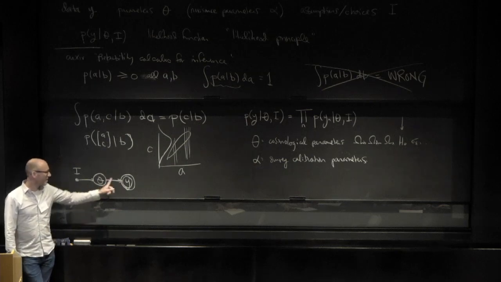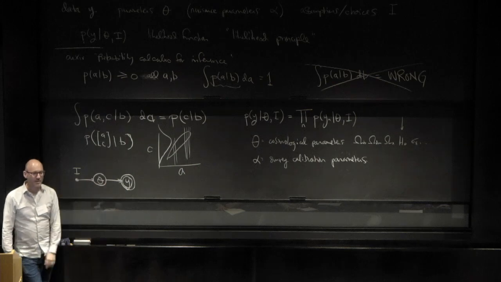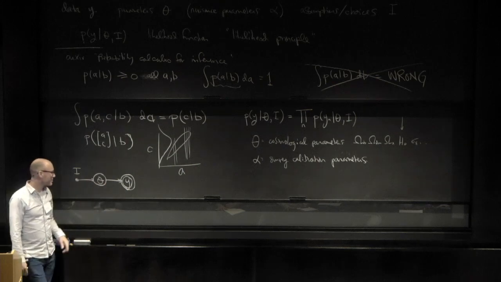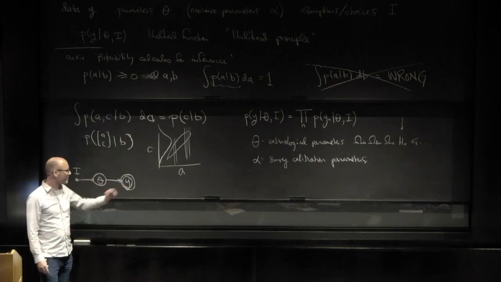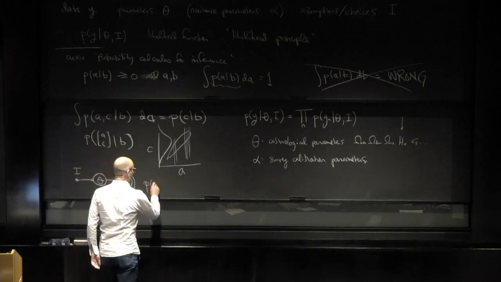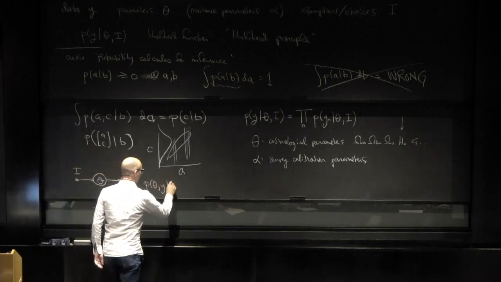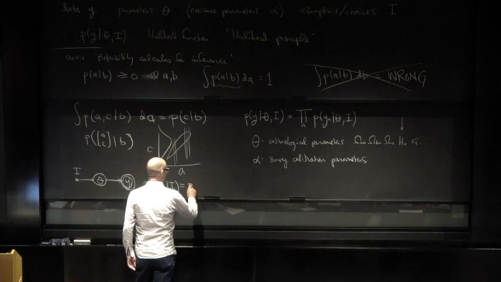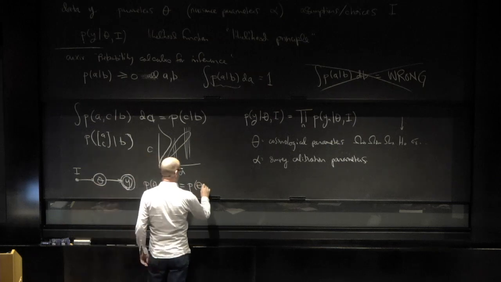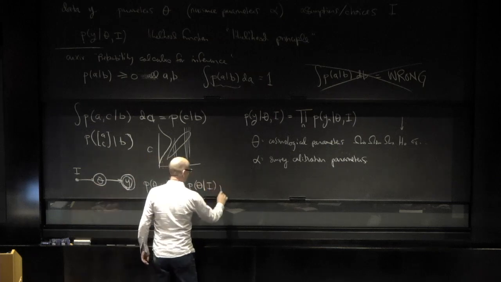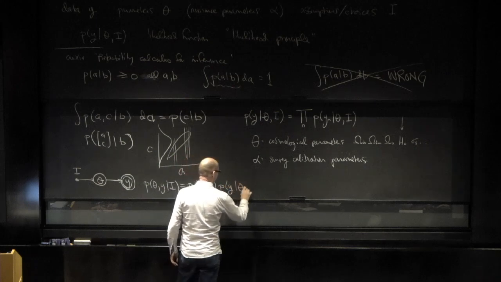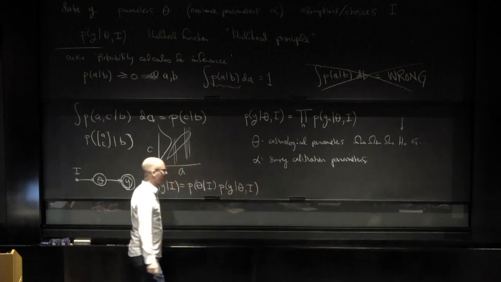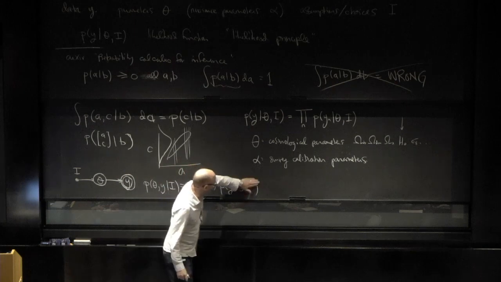And this graphical model leads to an expression. If I wanted to write down the probability for everything in here, P of theta and y given I, I would write it as P of theta given I, P of y given theta and I. So actually I can even simplify further.